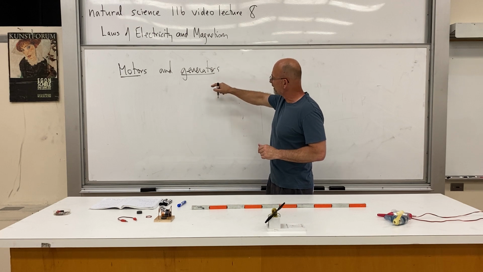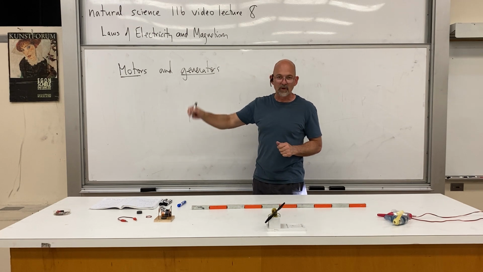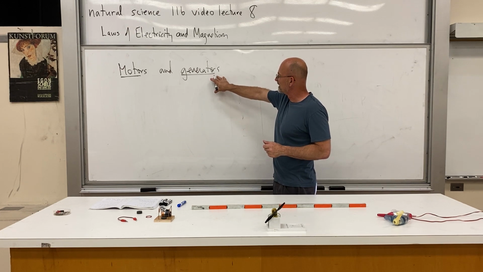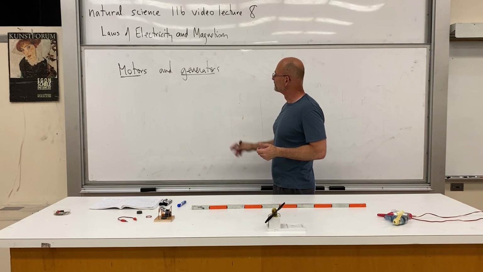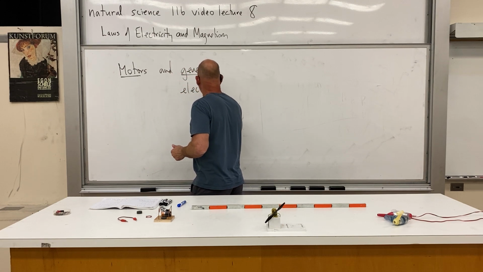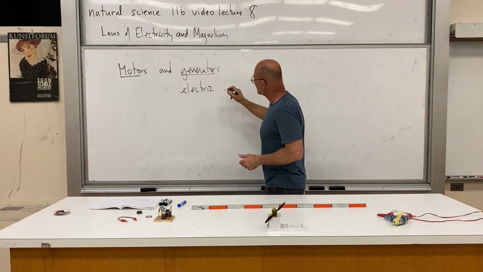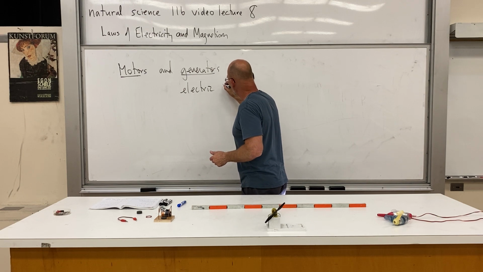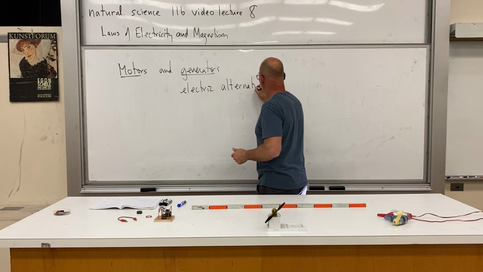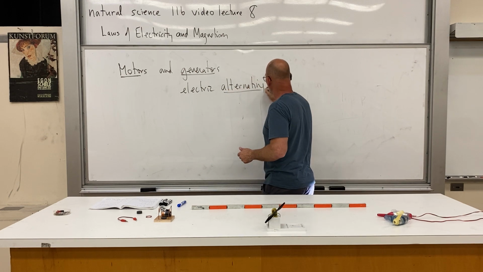So for the generator, I apply a force and a twisting force and a torque, and it generates electric power. But what it gives us is electric alternating voltage.